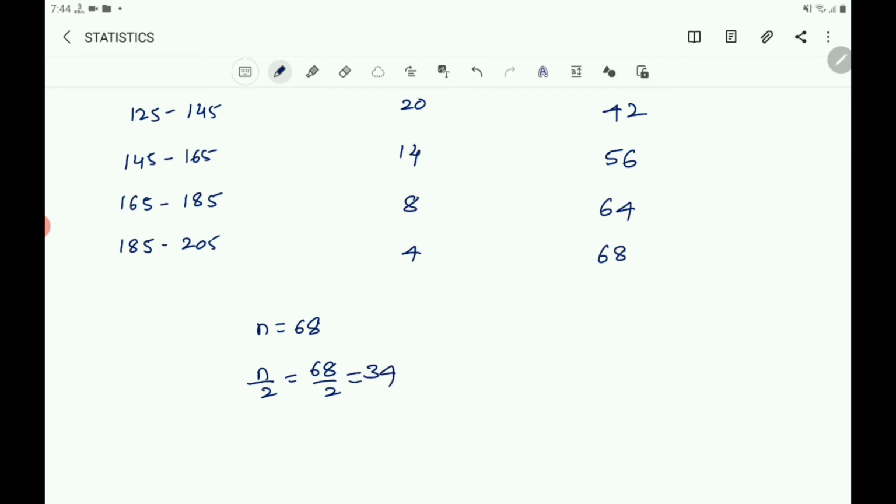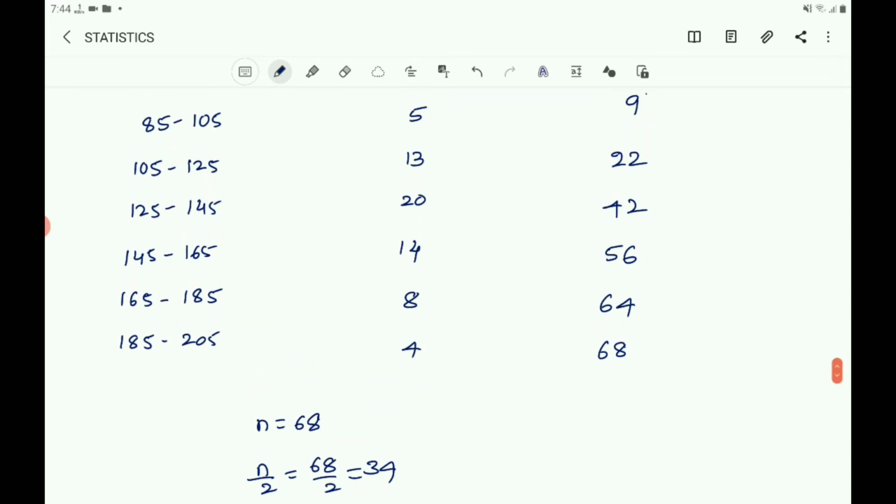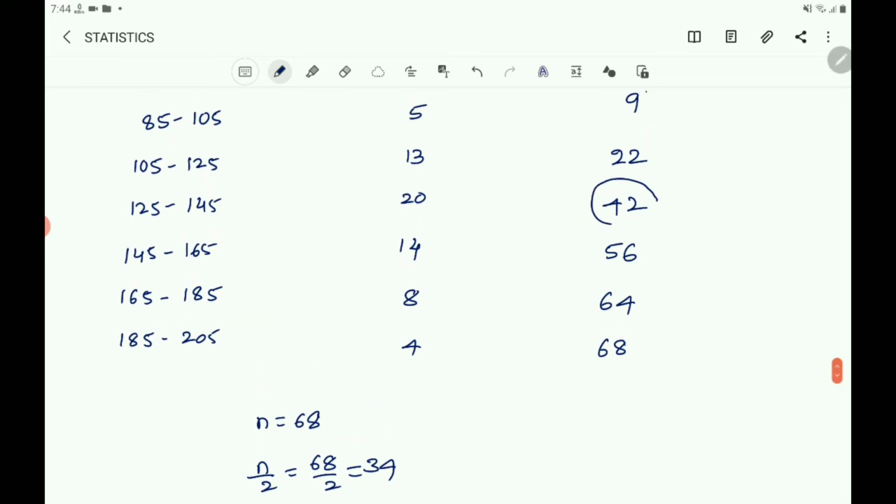This observation lies in the class where the cumulative frequency is nearer to and greater than 34. 42 is greater than 34 and nearest to 34, so we consider this.